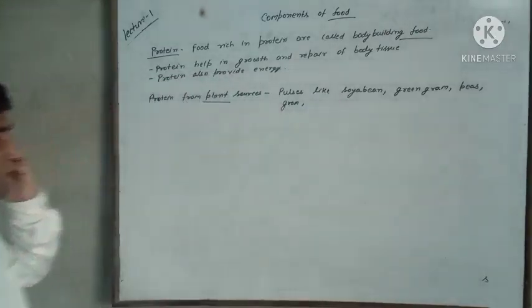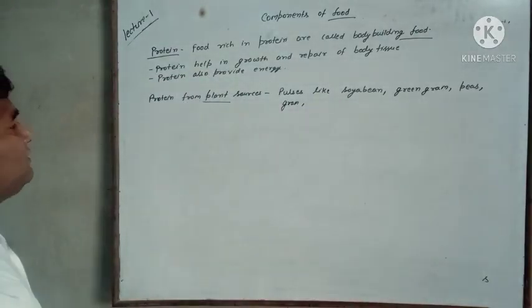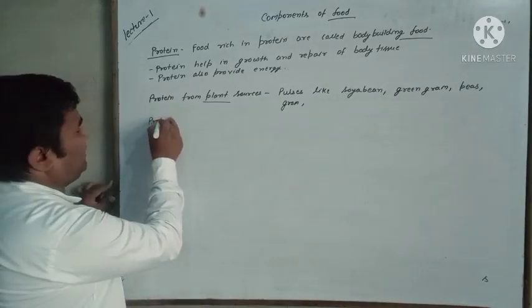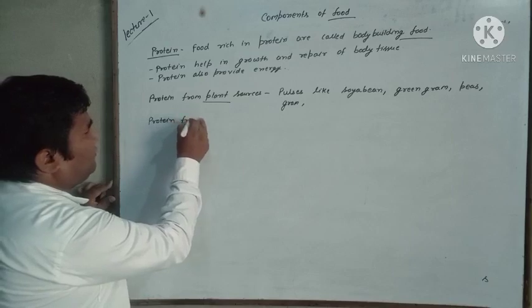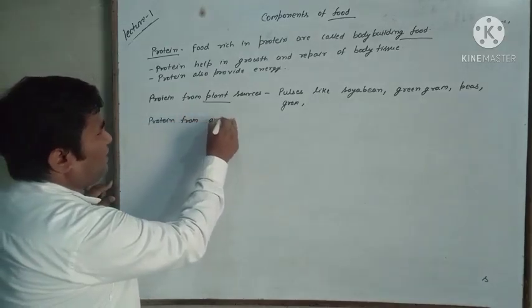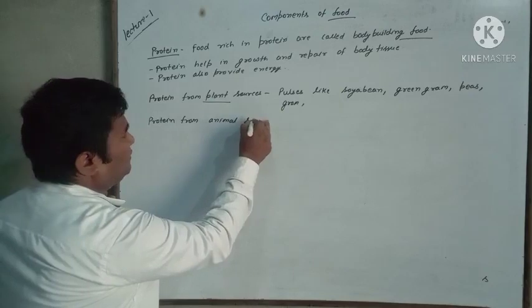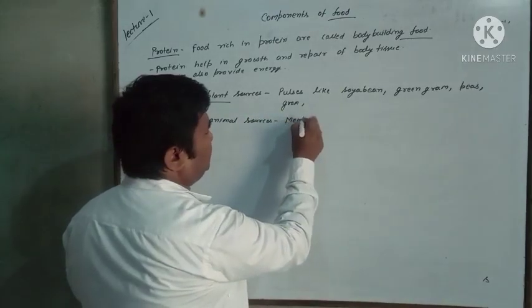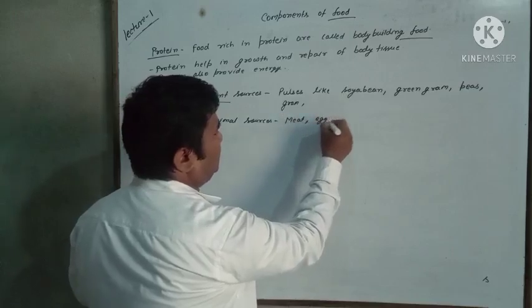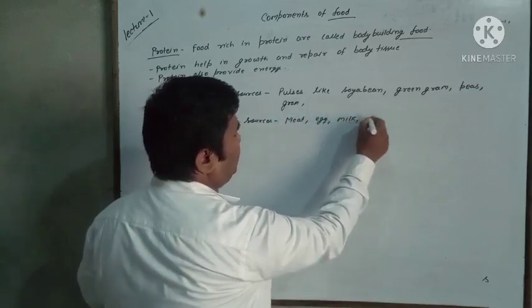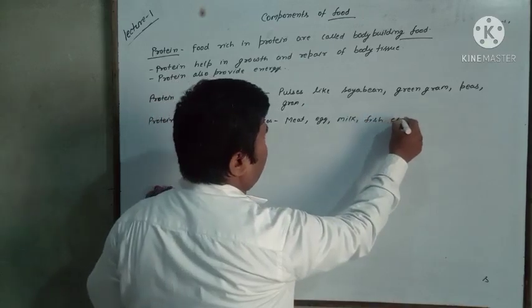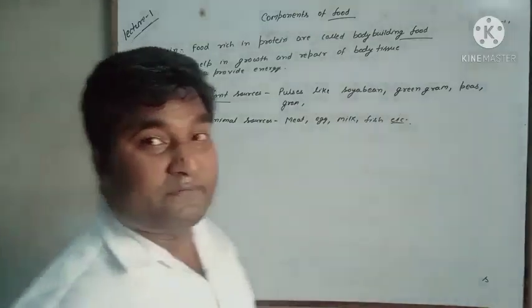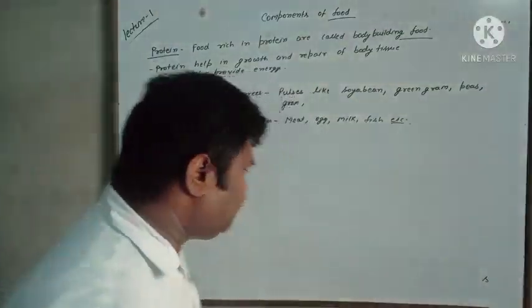Okay, these are examples of food items from which we get protein from plant sources. Protein from animal sources: meat, egg, milk, fish, etc. These are the sources of food items from where we get protein.